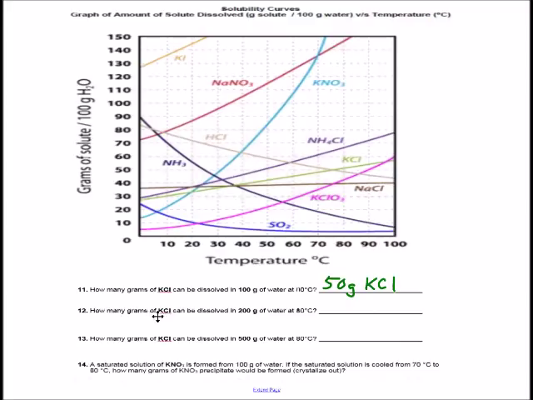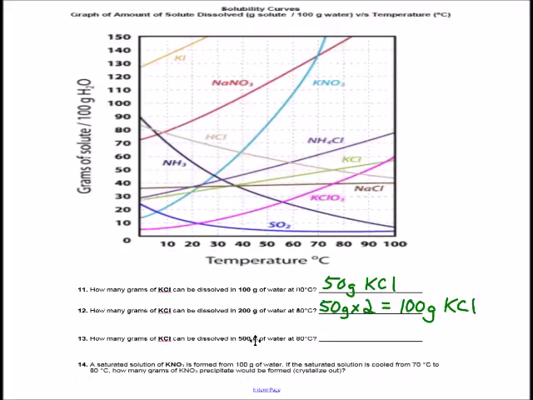Now, how many grams of potassium chloride can be dissolved in 200 grams of water at 80 degrees? So I already plotted that. I know it's right here, and I know it's 50. But they're asking for 200 grams of water. So it's going to be 50 times 2. So 100 grams of potassium chloride. And for question 13, they're still asking me about potassium chloride.